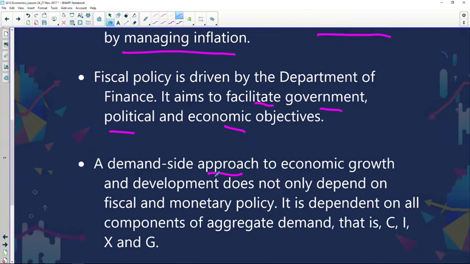So a demand-side approach to economic growth and development does not only depend on fiscal and monetary policy, it is dependent on all the components of aggregate demand, that is C, I, X, and G. Okay, so now we go back to the circular flow. When we're looking at investments, we were looking at government expenditure, and so on.